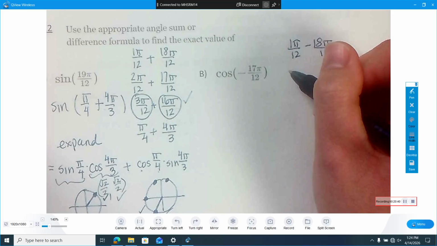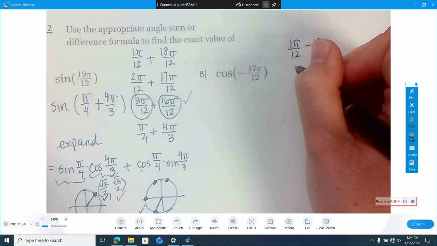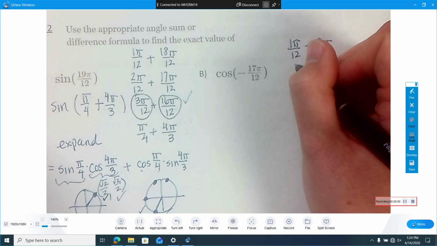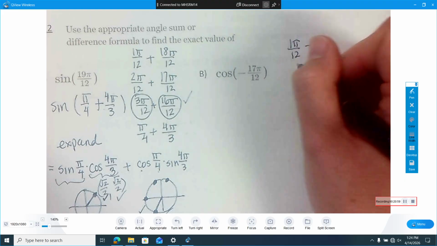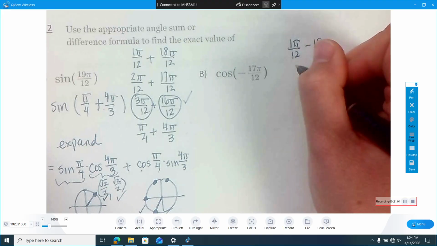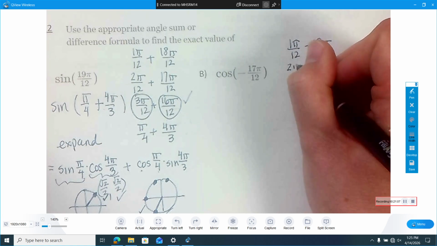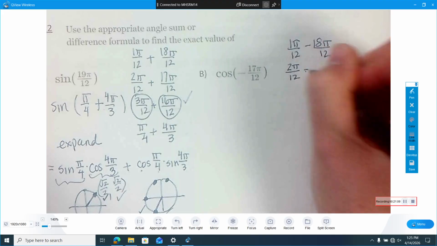What else could we do? We can do negative angles, yes. I just kept counting up because I'm not a negative thinker, generally I'm always positive.